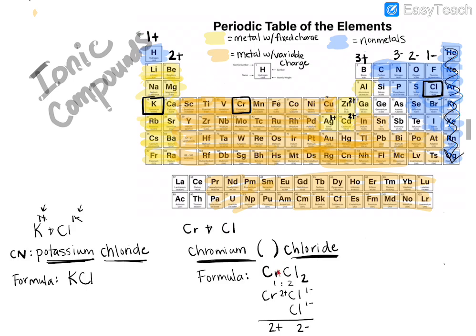Until we broke down this formula into the 1 chromium and the 2 chlorines and used chlorine's known charge, which is 1 negative, we could determine that, hey, if that's 2 chlorines, the overall negative charge on this compound is 2 negative, so the overall positive charge has to be 2 positive. So that's going to be the charge which goes here.